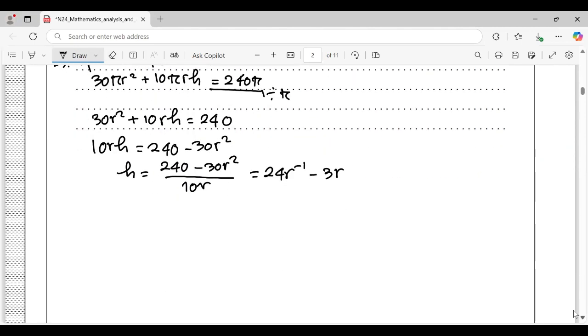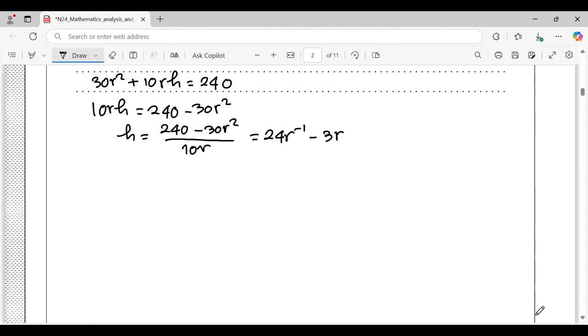Okay, after that, we continue to find the next volume cylinder. Okay, I'm going to find the volume of cylinder. Volume cylinder is volume of the larger cylinder or volume outer.